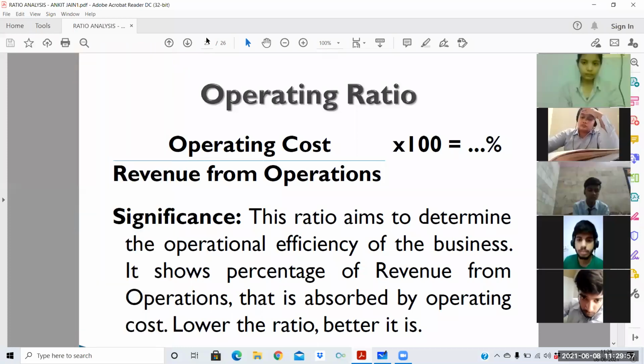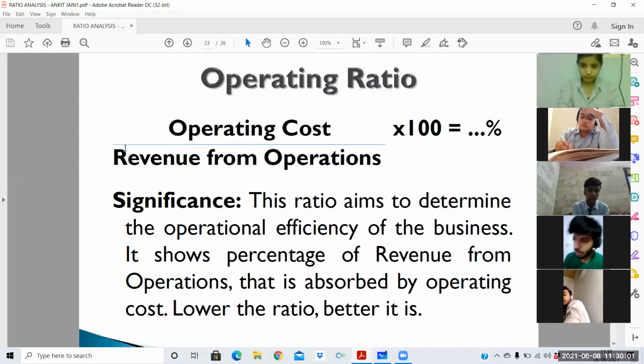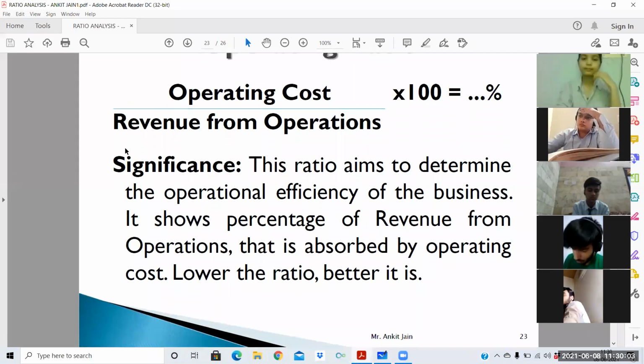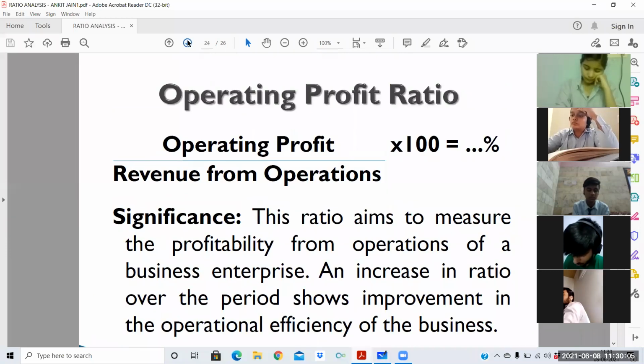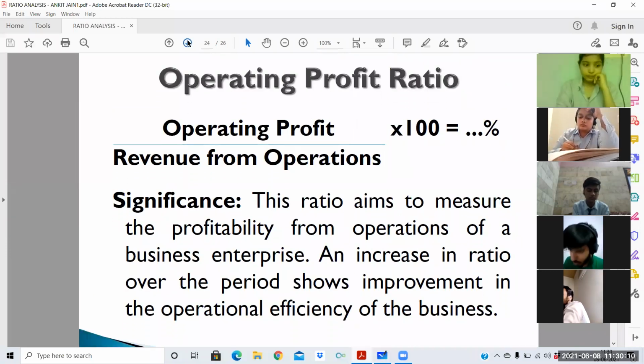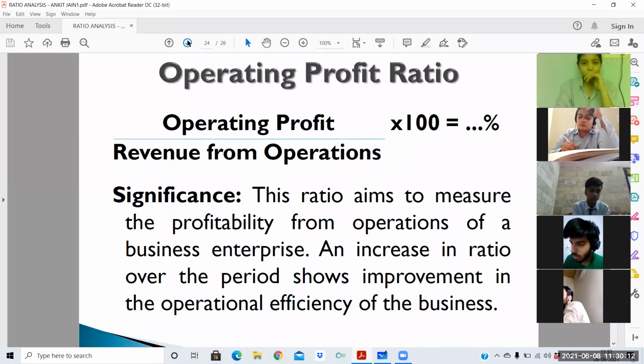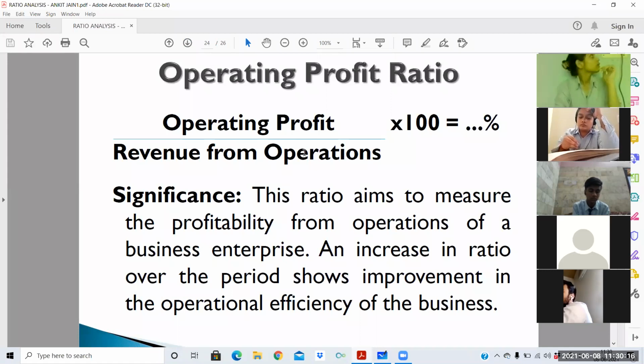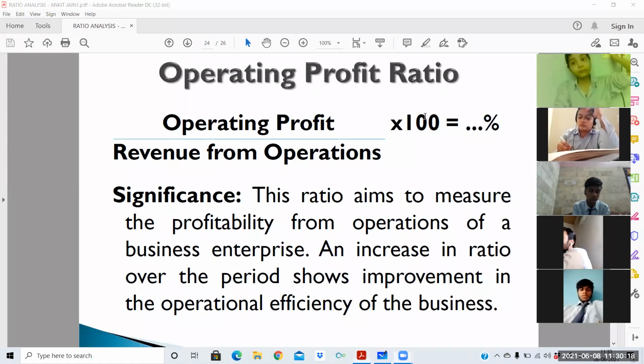Yes, very good. So this was the operating profit ratio, which we discussed yesterday, and I'm just doing a recap of the topic. The operating profit ratio is equal to operating profit upon RFO, revenue from operations, into 100.